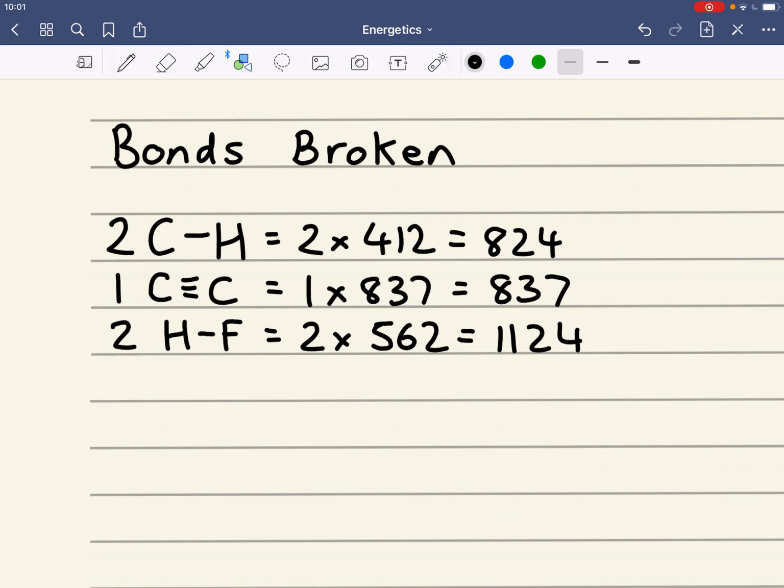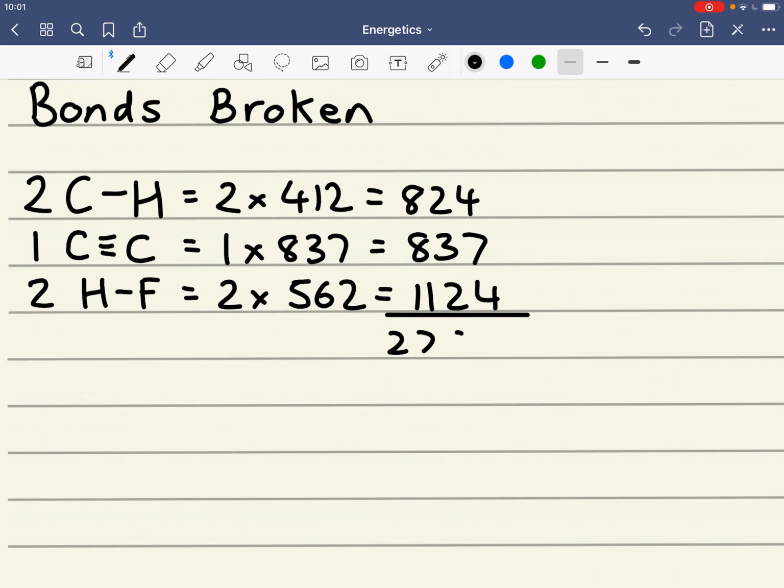So then we add these up, and that gives me 2785. And again, that is probably enough to get 1 mark in the exam.